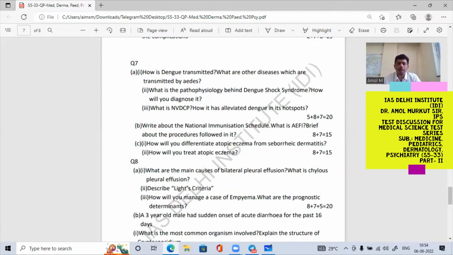And the most important thing to write here is the PSM stuff, which is the procedures followed in case of AEFI. Document the AEFI, report to the higher authorities, write down the batch number of the vaccine and all the details about the vaccine. Then send the vaccine for checking whether the vaccine was all right or there was any problem with it, maybe expired timeline or something like that. Okay.